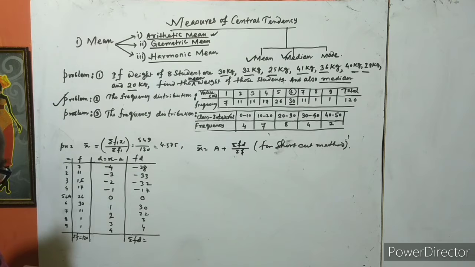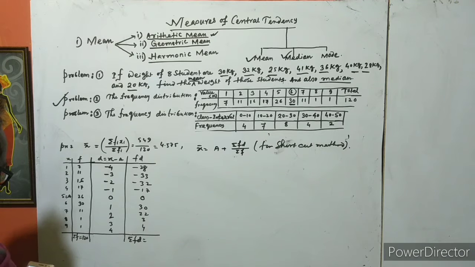Again, right, 30 plus 22 plus 7, 59 minus 70.